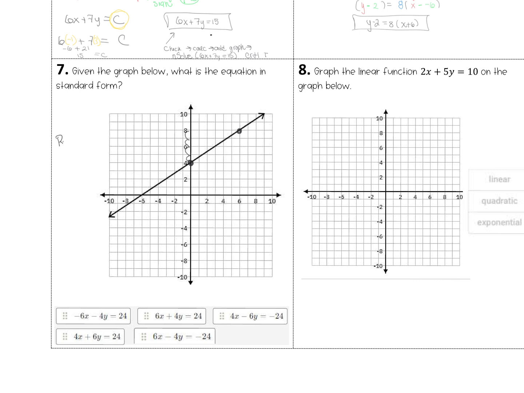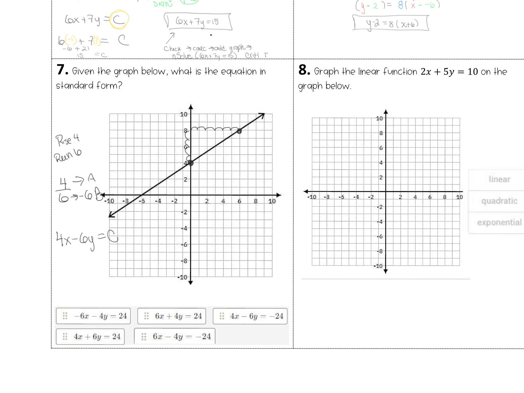So my rise is 4, and my run is 1, 2, 3, 4, 5, 6. So that means my slope is 4 over 6. So remember, the number on top is your A. The number on bottom you change to a negative, and that should be your B. So my equation should look like 4x minus 6y equals something.